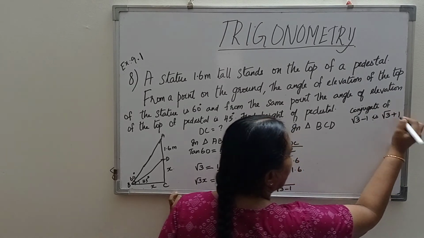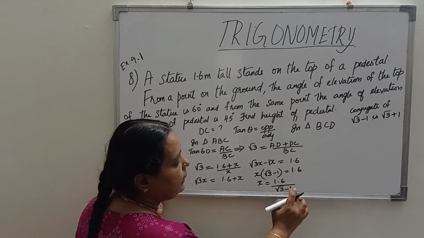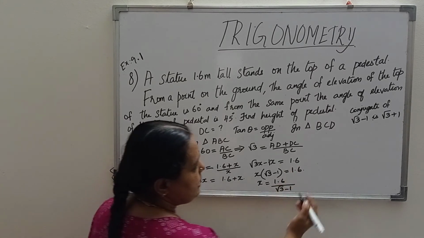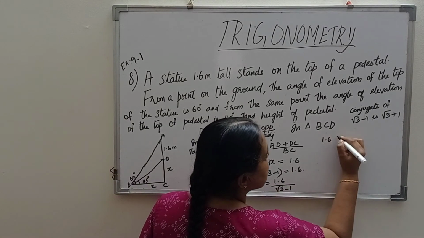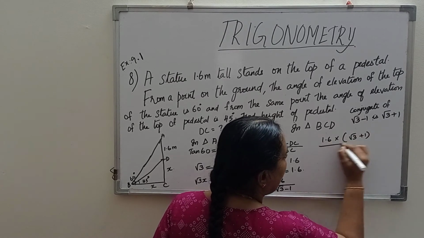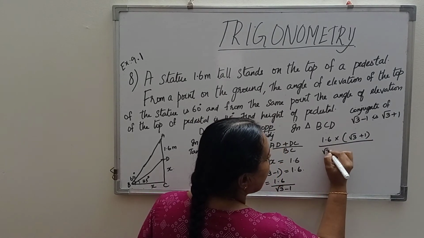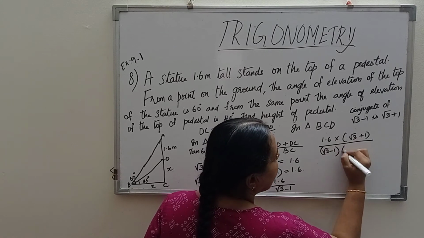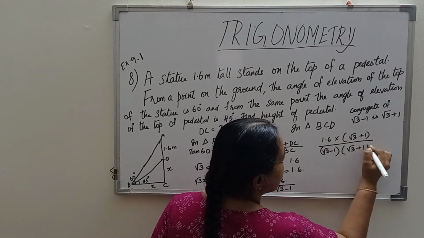We will be multiplying both the numerator and the denominator with root 3 plus 1. So, 1.6 into root 3 plus 1 by root 3 minus 1 into root 3 plus 1.